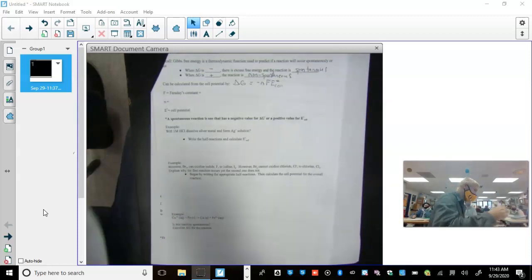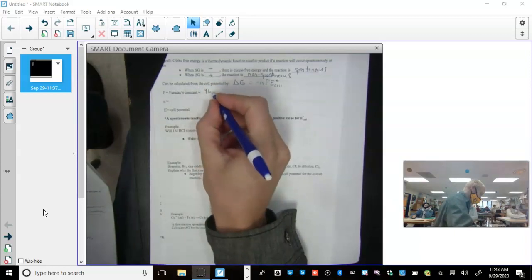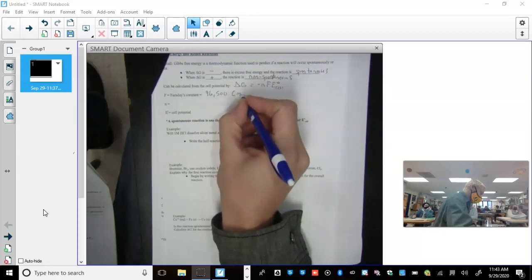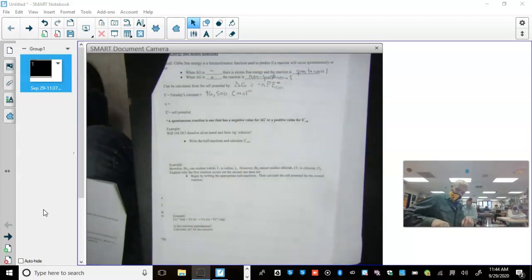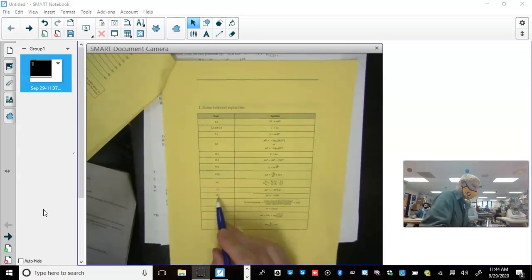All right, Faraday's constant. This is also in your data booklet. 96,500 over mole. Just double checking what page it is on. So here it is, 19.1.